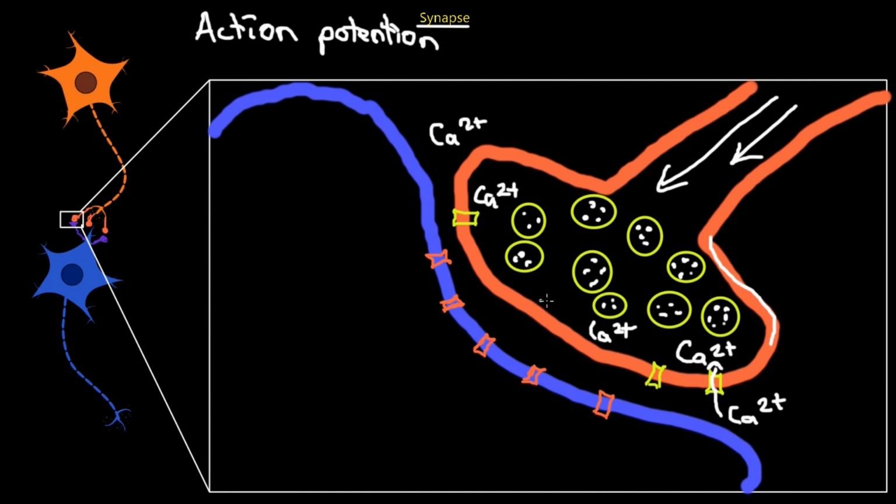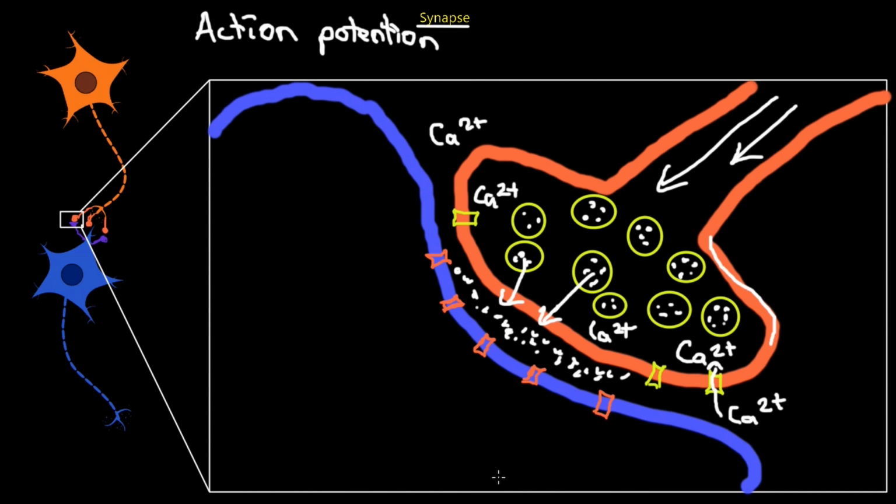And what's going to happen is these neurotransmitters are now going to fuse with the membrane. Right here, they're going to fuse with the membrane, they're going to do exocytosis, and now there's going to be plenty of these neurotransmitters.